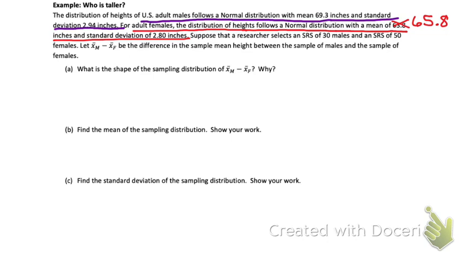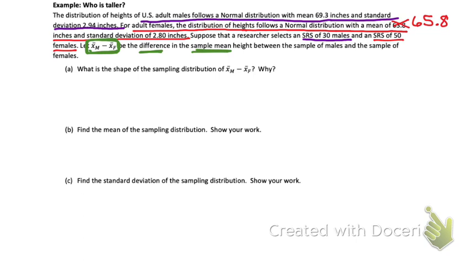Suppose that a researcher selects an SRS of 30 males and an SRS of 50 females. We're going to let X bar M minus X bar F be the difference in the sample mean heights between the sample of males and the sample of females.